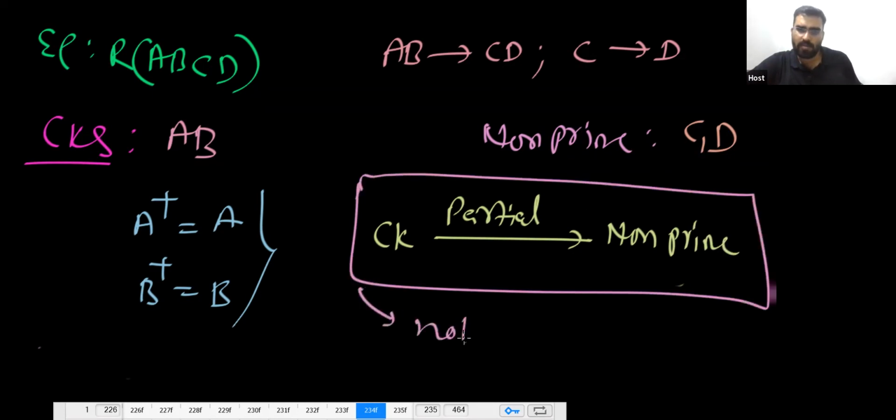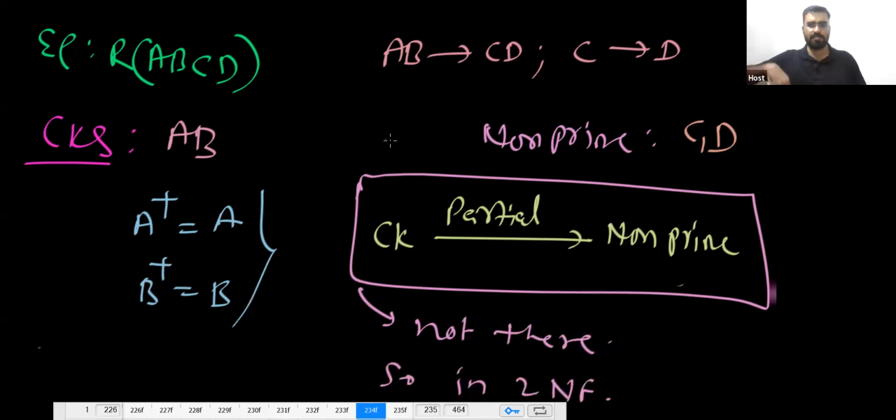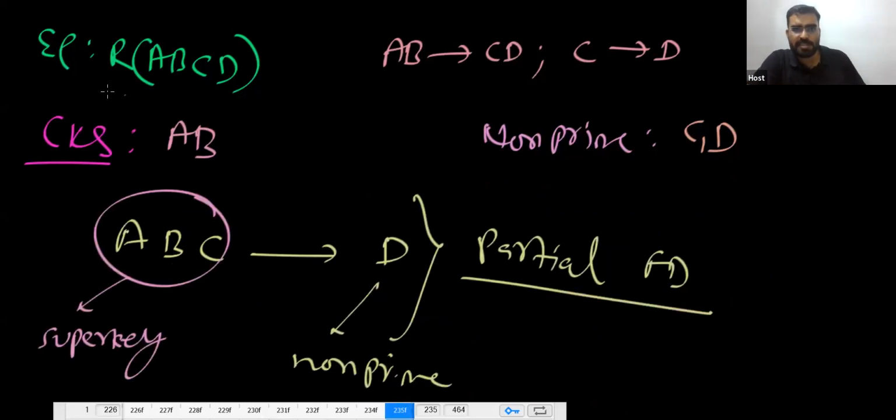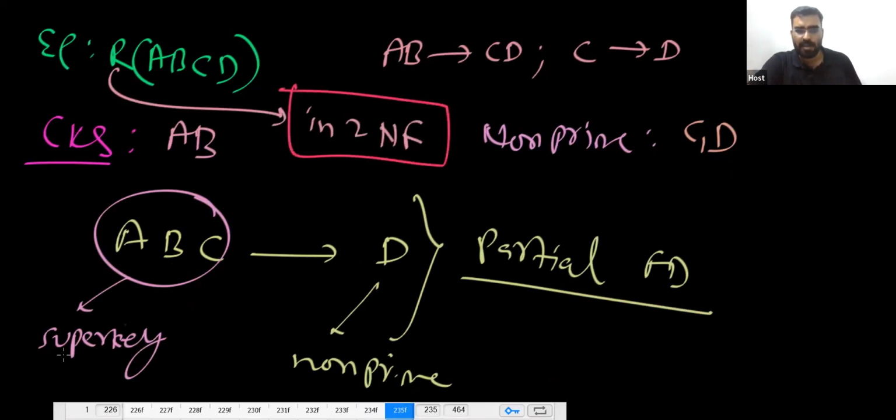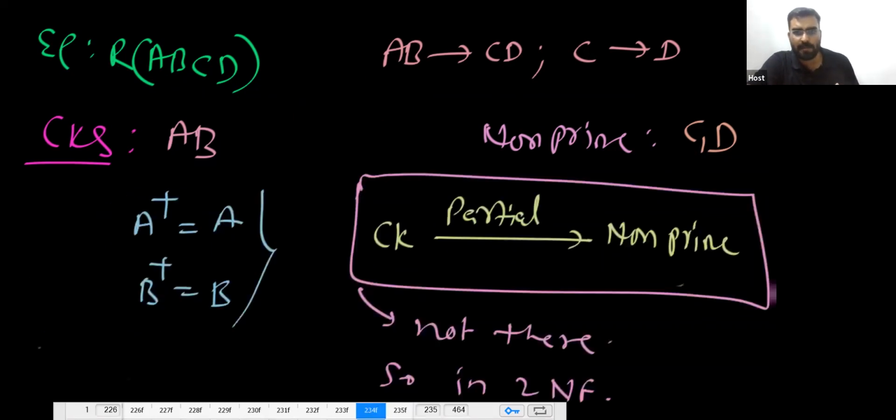This relation is in 2NF, but you can notice what is happening: super key, non-prime attribute, this is partial, but still this is in 2NF. Is this point clear?